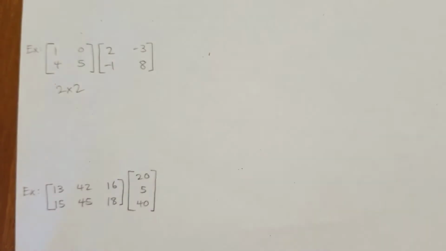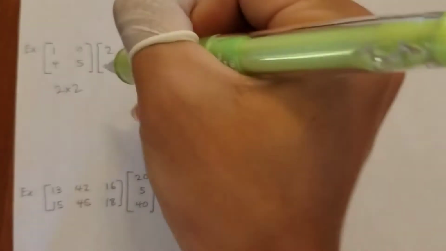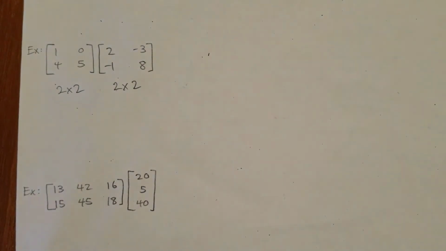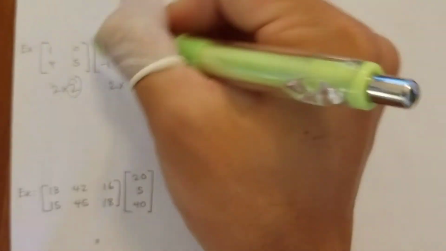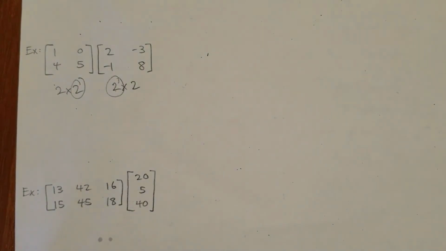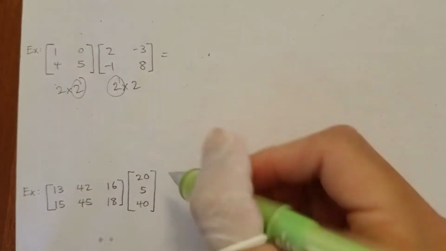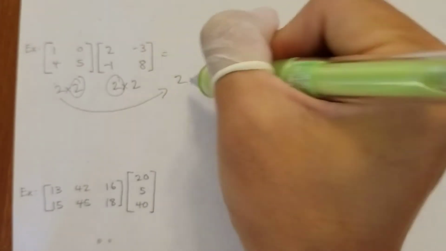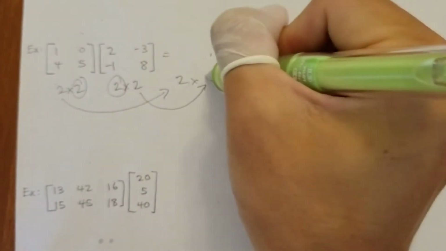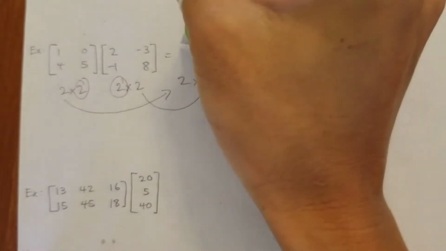So, for example, this is a 2 by 2 matrix, and this is a 2 by 2 matrix. Because the number of columns in this matrix is the same as the number of rows in this matrix, this means our output is going to be a 2 by 2 matrix.